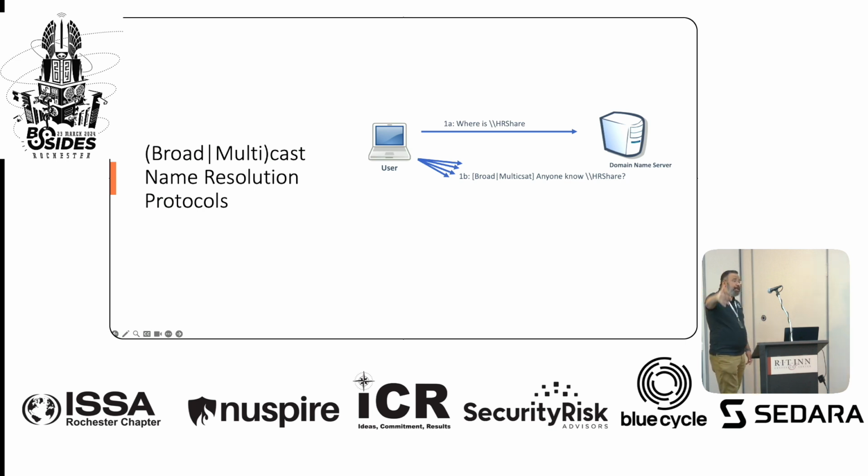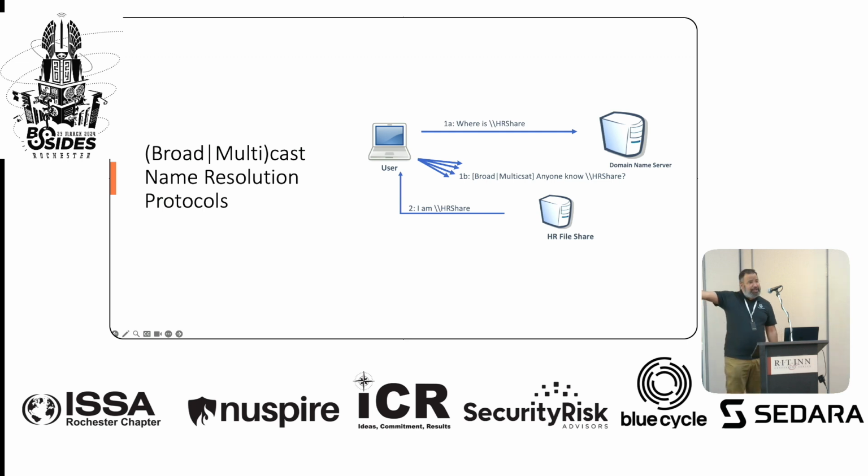Windows, Mac, Linux, they send out a broadcast and a multicast name resolution. Instead of me asking right now, hey, where is Dr. Ullman? Instead of asking one person, I'm asking everybody. Same way with this. Everybody in the network that can get layer 3 traffic is getting that name resolution. Hey, do you know where that HR share is? So the first one to respond wins.